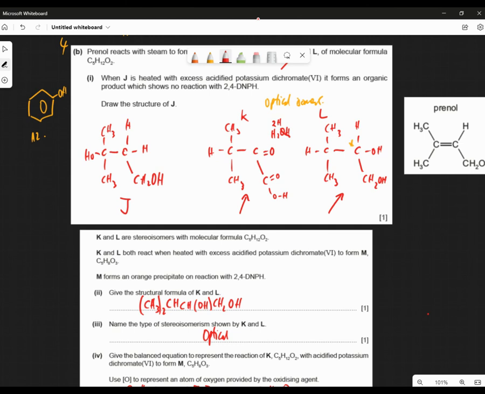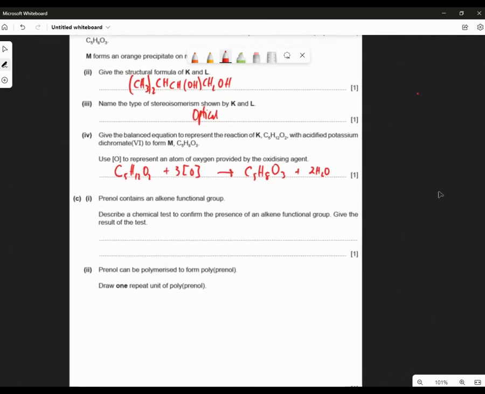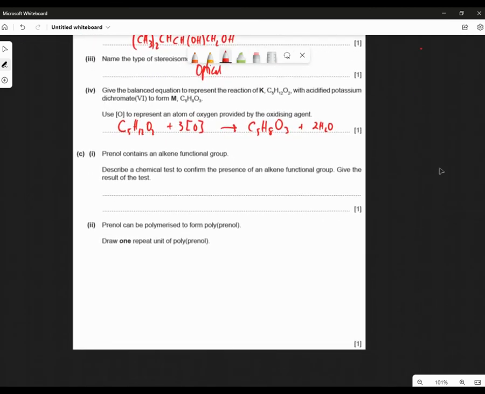So how many have we got? 2, 3, 4. We've got 4 H's to mess around with, so 4 H's are formed. That means you're going to get 2 waters. And each water requires an oxygen, and each one of these requires an oxygen as well. So that's where we get the 3 oxygens from. So I hope that makes sense, even though that's quite a hard one. You'll have to mess around with this one to understand it.